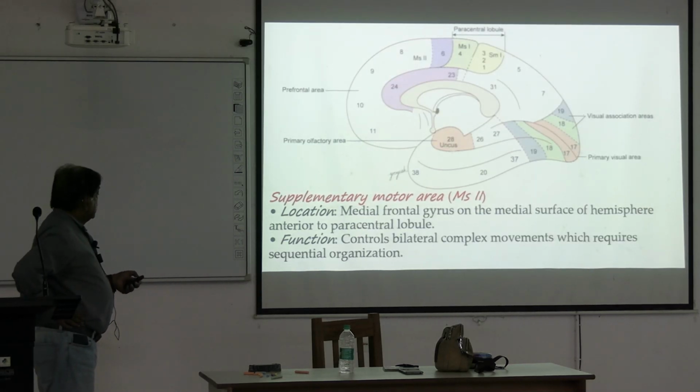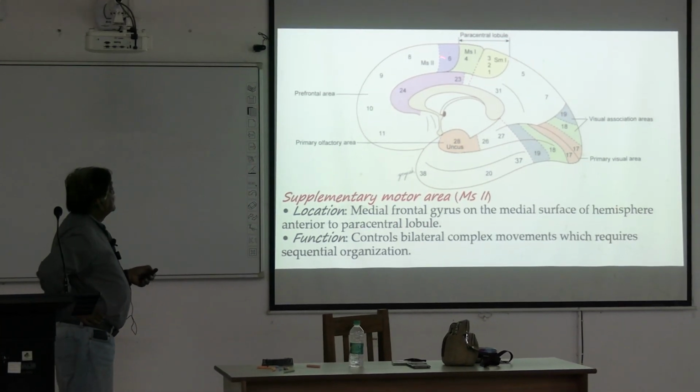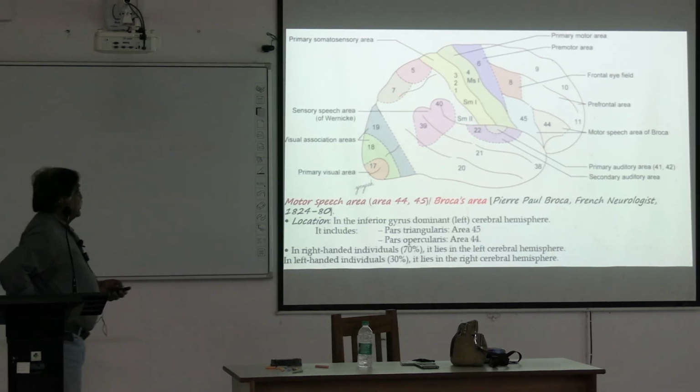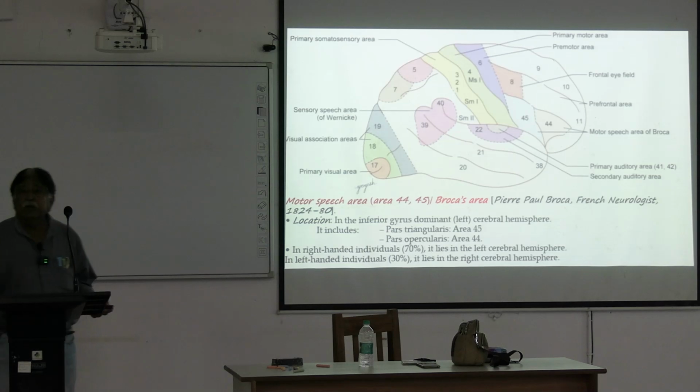Supplementary motor areas, location: medial frontal gyrus and gyrus on the medial surface of the hemisphere anterior to paracentral lobule, and this is the paracentral lobule here, anterior to it. Function: control bilateral complex movements which require sequential organization. Motor speech area, 44, Broca's area. This is a short note. It can be a short note. It can come in MCQ. Broca's area. What is Broca's area?